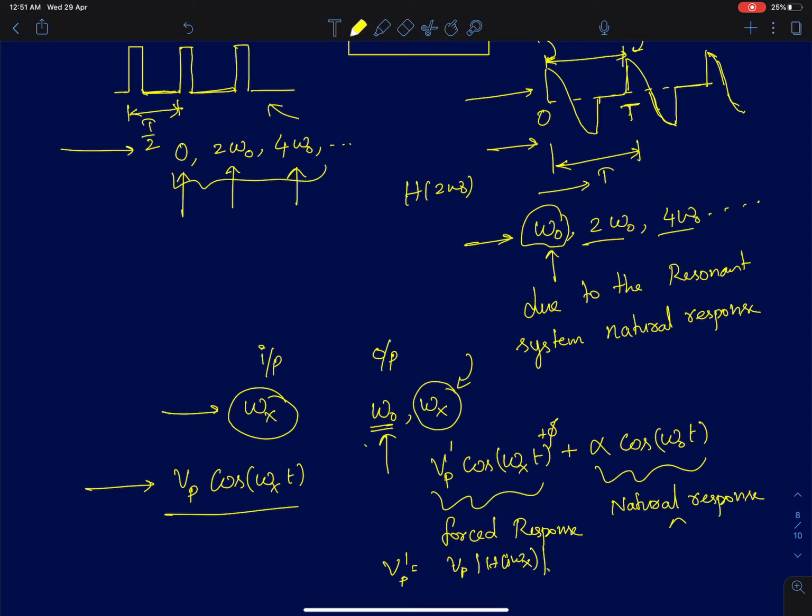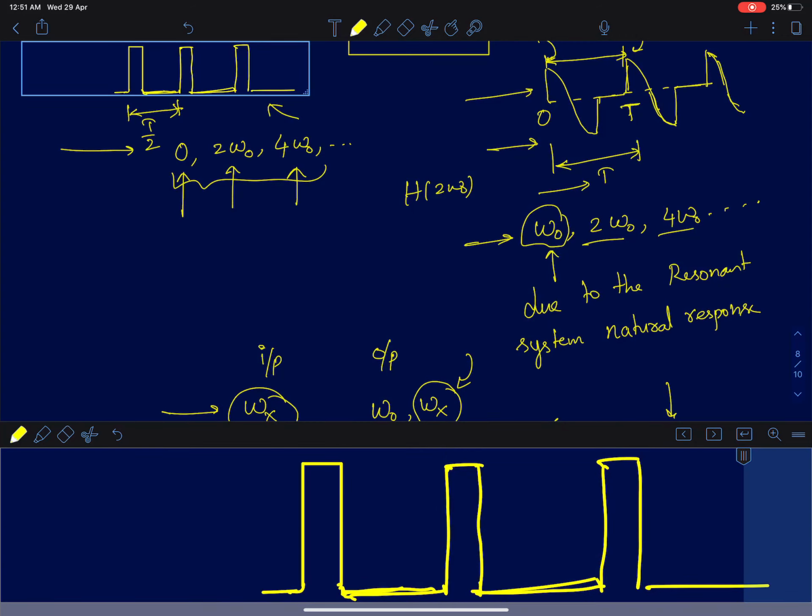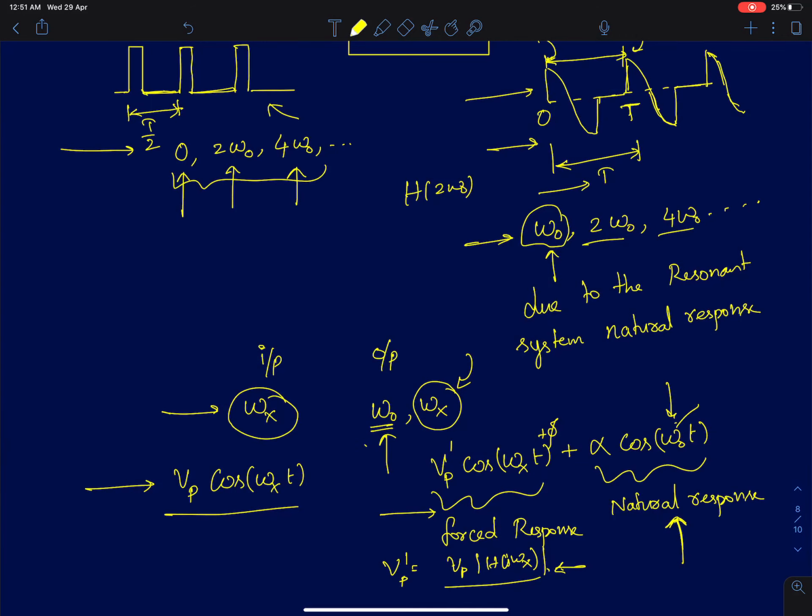Now, omega x is not equal to omega naught, so this will be finite. So the forced response is finite. But the natural response, which is determined by the impulse response, is a sine wave at a frequency of omega naught. That's why you will see an additional frequency in addition to the input frequency in a resonant system.